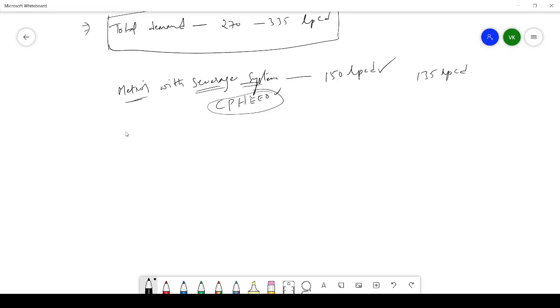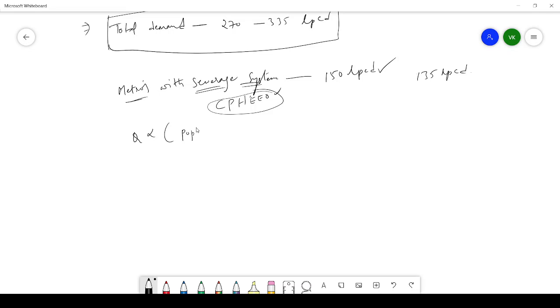Next, if you complete this, we will go for the third factor. What are all the factors that are affecting the discharge Q value?